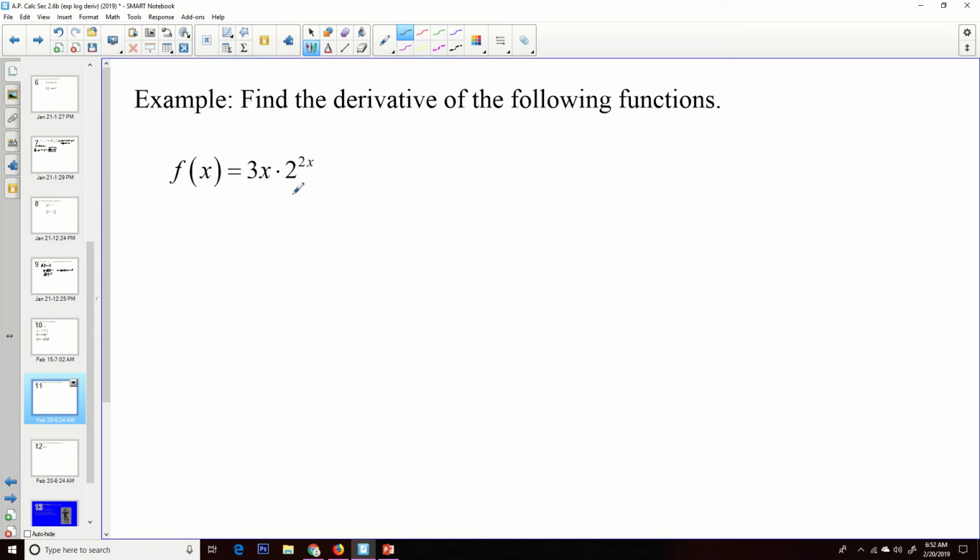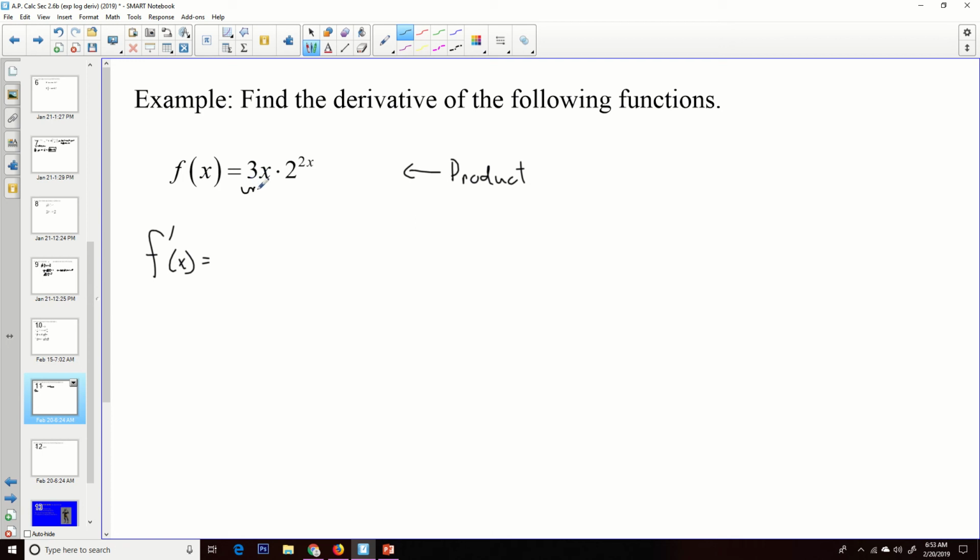And so here we have a product, and I like reviewing product rules because that seems to be one that people tend to forget. So if I want to find the first derivative of this thing, I'm going to take the derivative of the first expression.